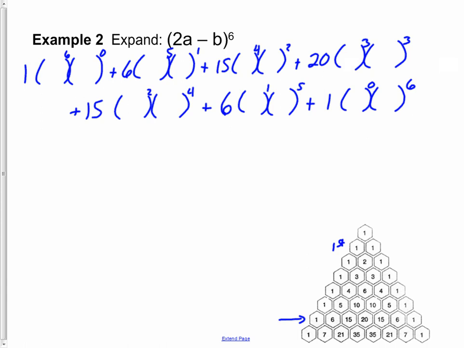In the first parentheses, I have 2a. Second parentheses, I have negative b. And now we have to evaluate.